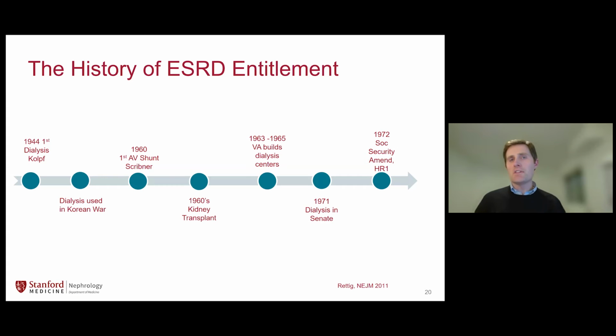The idea was that dialysis would be used as a bridge to kidney transplant, but because of the imbalance in the number of patients developing ESRD and the availability of kidney transplants, there are many, many more patients now on dialysis than there are who get a kidney transplant every year.